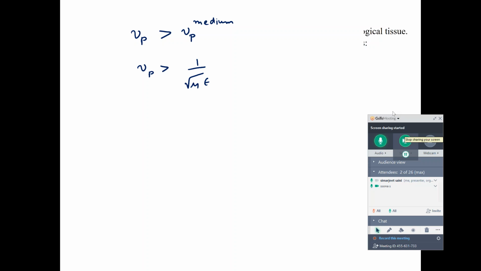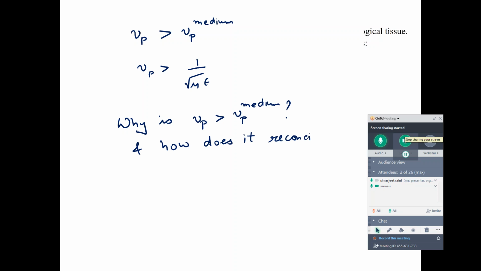What is the physical reasoning where it looks like to us that the phase velocity in the waveguide is greater than the phase velocity in the medium, and how does it reconcile with the statement which you most probably have always heard: information cannot travel faster than the speed of light?